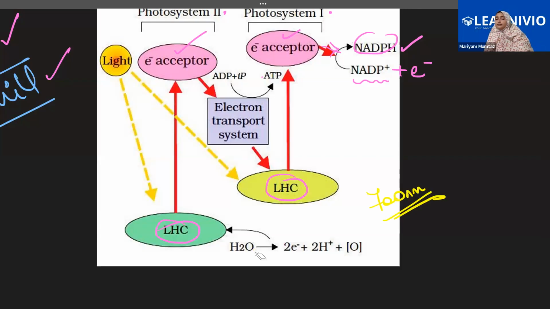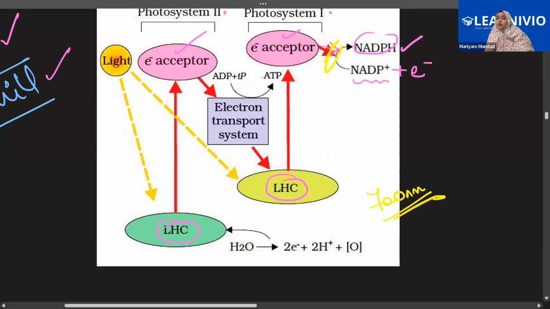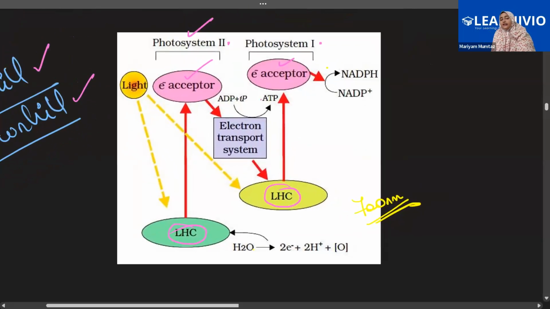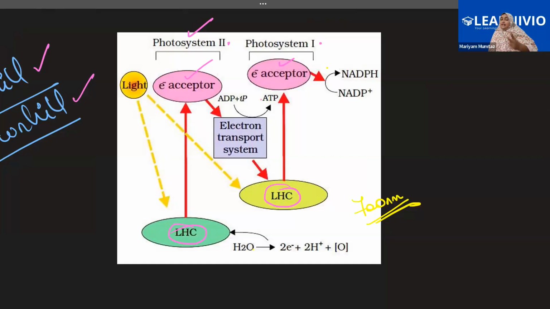And lastly, at the end of this whole procedure, NADPH and NADP plus will be formed. So this is the non-cyclic. Do you see, it starts from the light harvesting complex of photosystem 2, it ends in a different area and it's not coming back to its start point. So this kind of photophosphorylation is non-cyclic because it's not in a cyclic form.